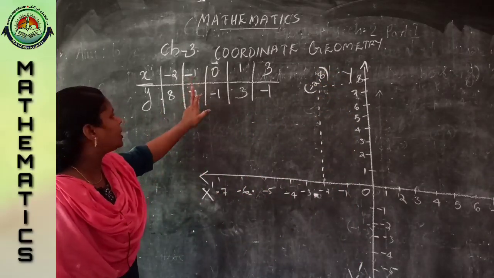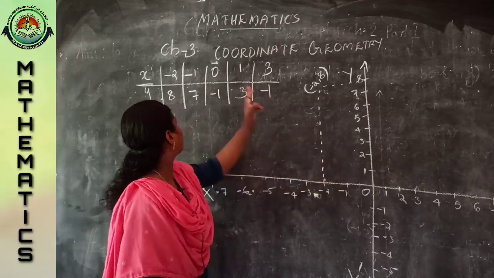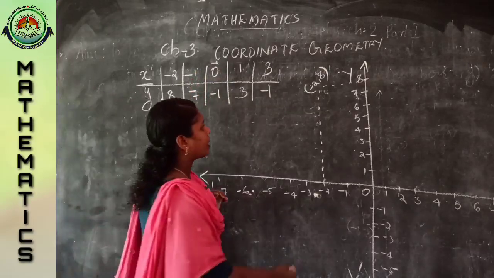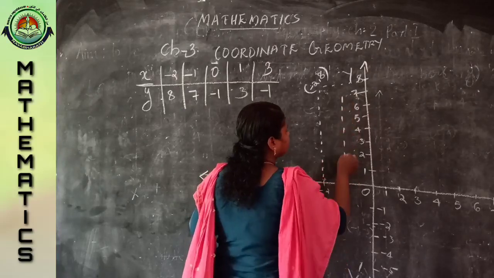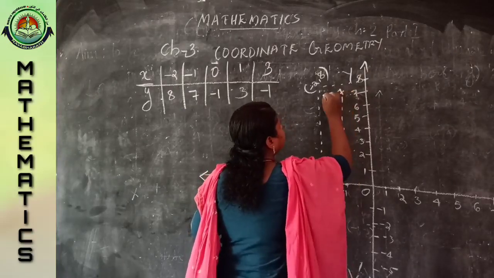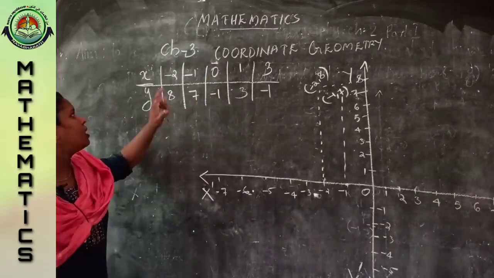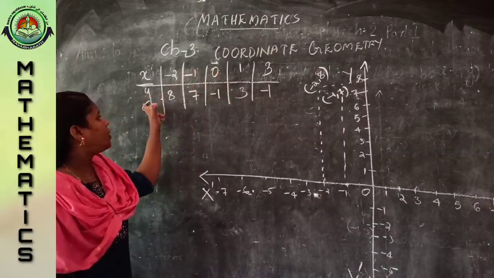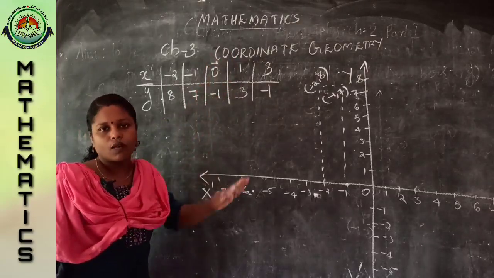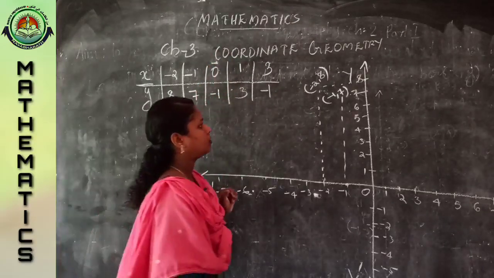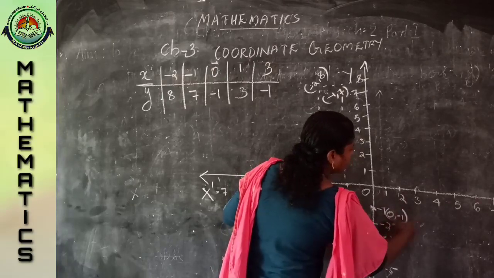Next, negative 1, 7. Negative 1 is on the x-axis and 7 on the y-axis. Then 0, negative 1: x is 0, so it is on the y-axis at negative 1.